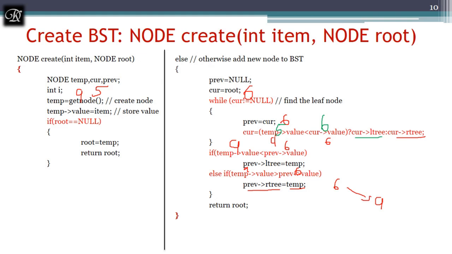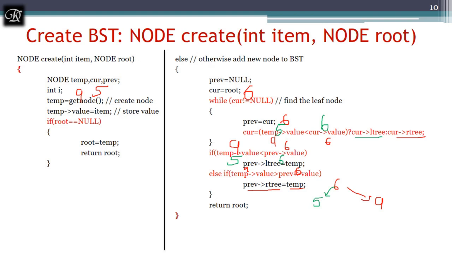Yes, there is no left tree for the 6. So this is going to come out, and I am going to check temp has a value 5 and is smaller than 6. Yes, it is true. Then make 5 the left link of the given root 6.